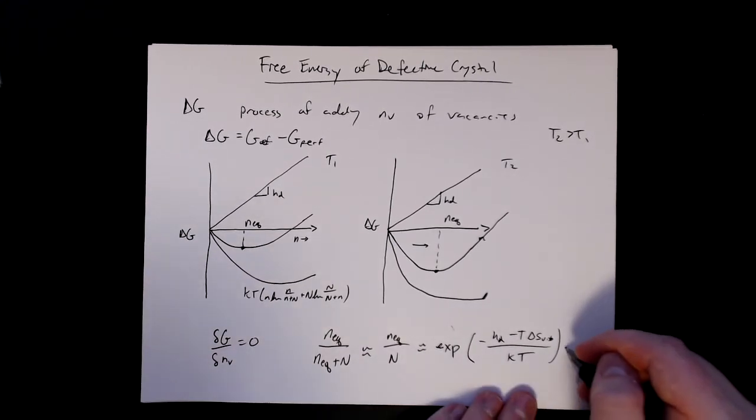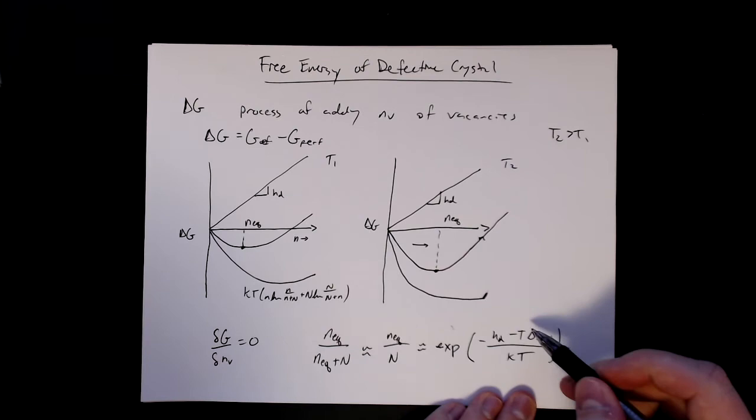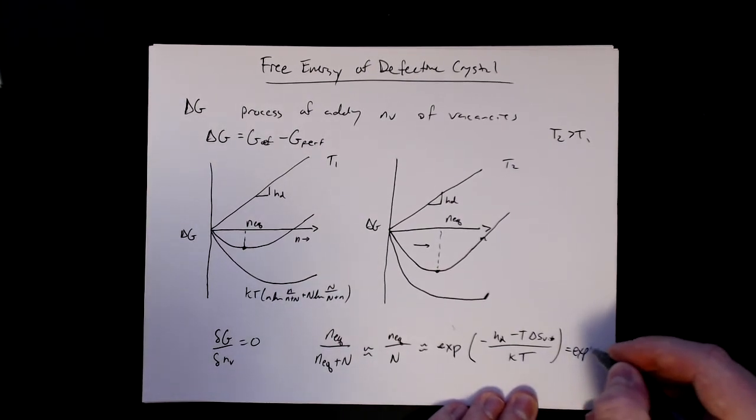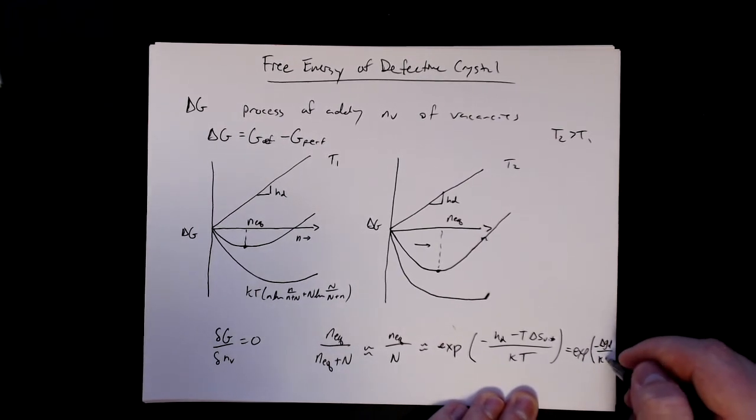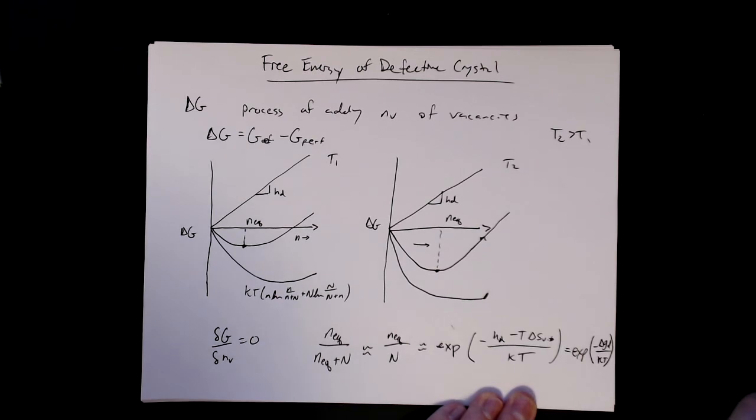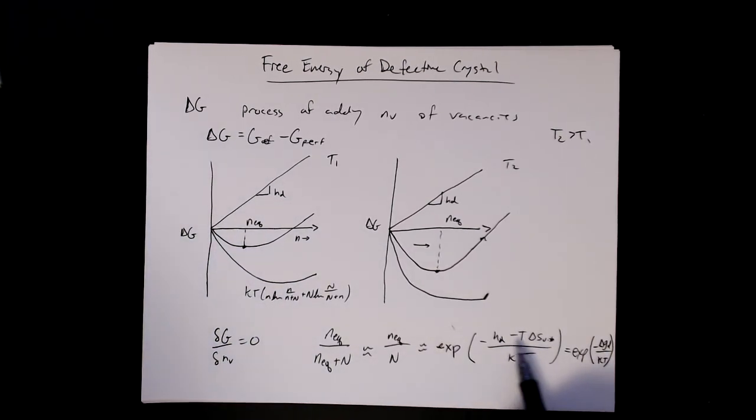And this is basically the free energy term. So it's the same as saying the exponential of minus delta G for the defects over kT. Sorry, I ran out of space there, but since this is more or less Gibbs free energy, we can approximate that as here.